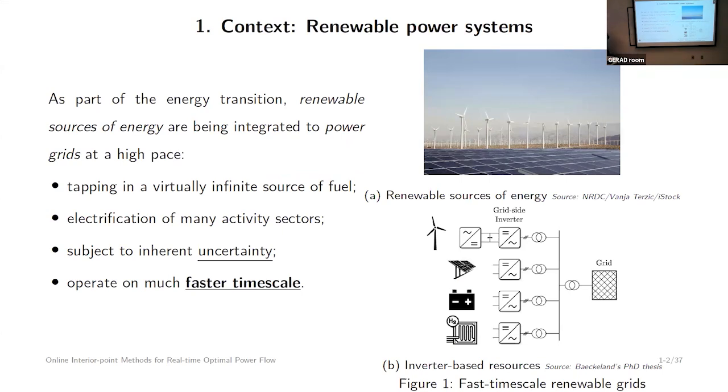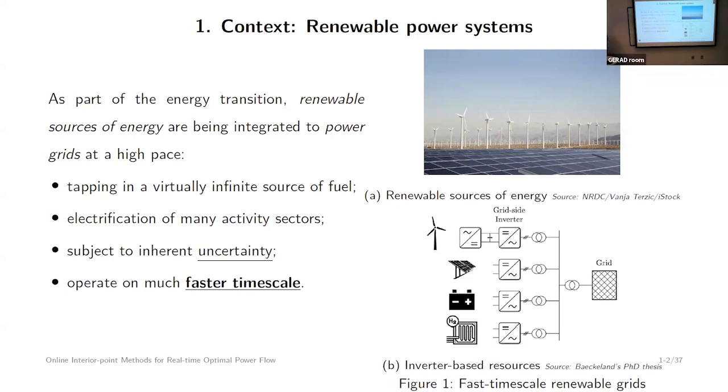So let's picture non-synchronous renewables like solar and PV, which really up the challenge of operating and planning a grid with power system. So we're integrating those kind of renewable sources of energy at a very high pace. And this is great. We're tapping into a virtually infinite source of energy. Fantastic for us. But on the other side, it means that everyone wants to tap into this source of energy.